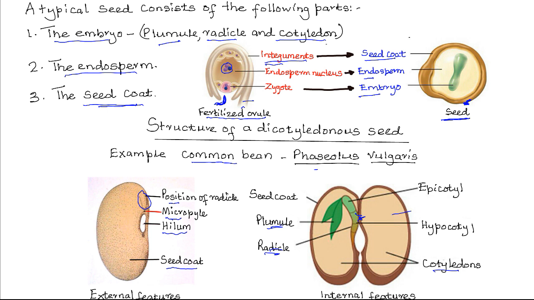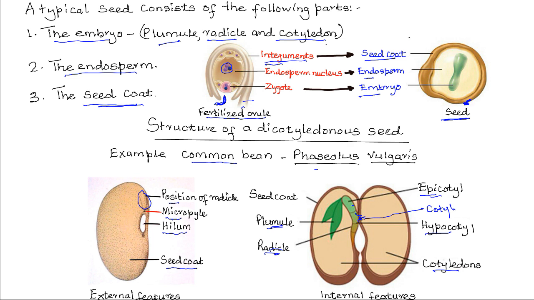This stalk is known as the cotyl. Now, between the radicle and the cotyl is the part known as hypocotyl. And between the plumule and the cotyl, there is a part known as the epicotyl that also plays an important role in germination. Epicotyl and hypocotyl are growing regions.